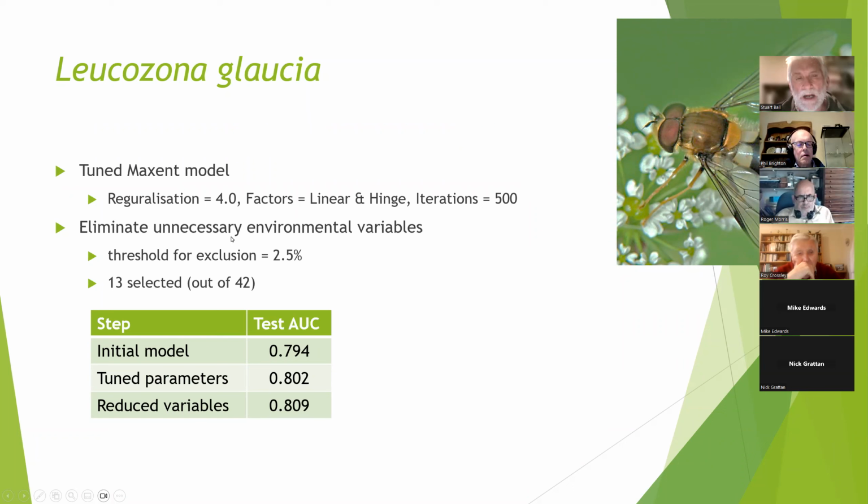And it's eliminated quite a lot of environmental variables, so we ended up with 13 out of 42. And if we take the test AUC after these steps, it was initially just under 0.8. By the time I tuned it, it was slightly over 0.8. And when I removed the unnecessary environmental variables, it was about 0.81. So if you remember the rule of thumb from the first session, 0.8 is a reasonably good model. It's nothing to write home about, but it's not bad.